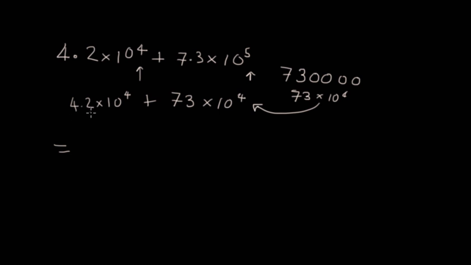So 4.2 add 73 is 77.2, and now we've got times 10 to the power 4, and we'll make that 7.72 times 10 to 5, the opposite of what we've done here.